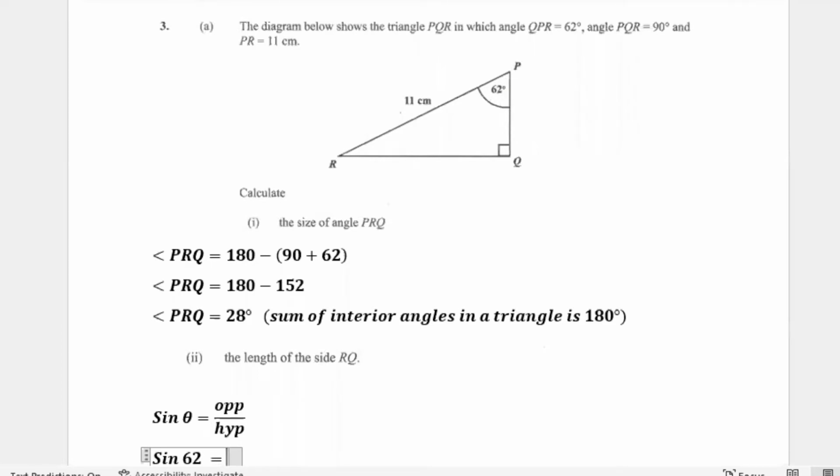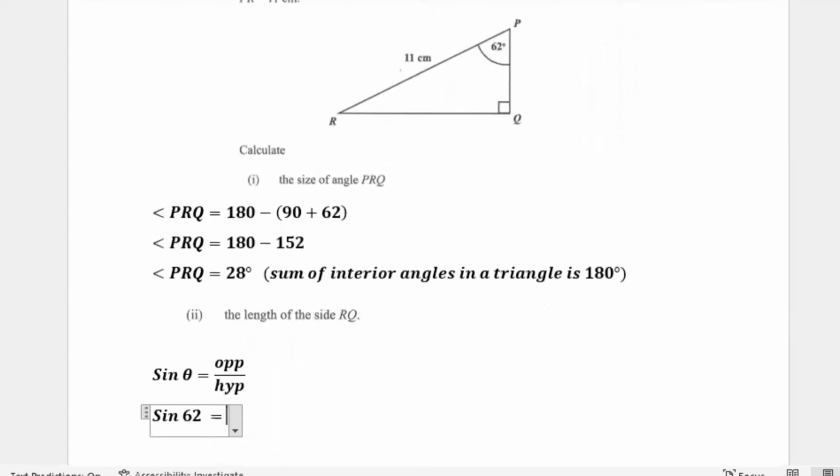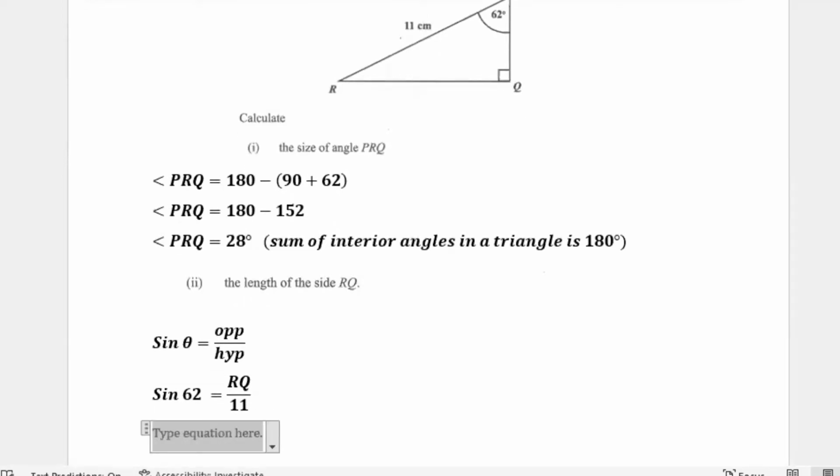So what we're trying to find here is the opposite side in this equation, which is our RQ, divided by our hypotenuse. We can easily identify our hypotenuse, which is 11, usually the longest side on your triangle. Now solving for RQ, the 11 is dividing here, so we multiply both sides of our equation by 11.